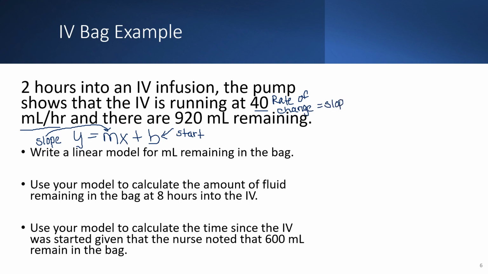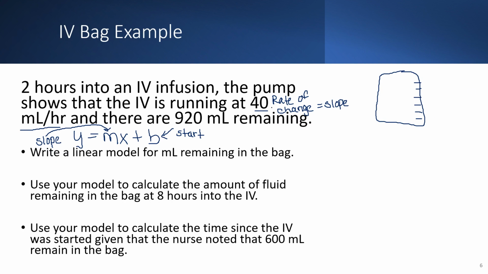Now I want to think about context a little bit more, so I'm picturing in my brain an IV bag, and I'm picturing over here there are all of the markings to help me understand how much fluid's in there, and I know it's set up to a pump, so I have these accurate readings from the pump.